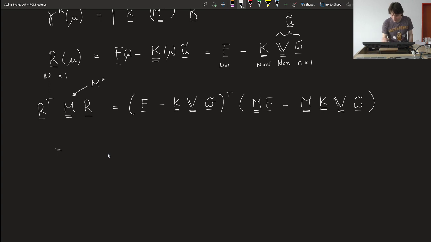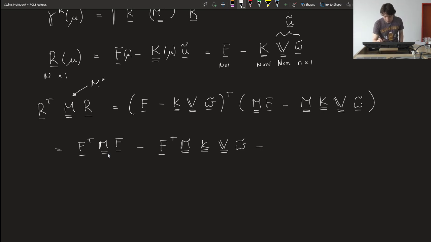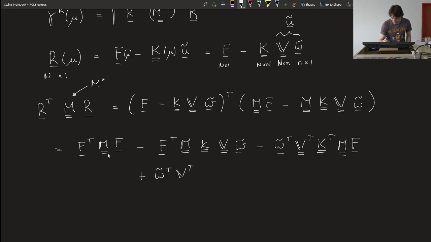So we have f transpose M f, minus f transpose M K V w, minus this transpose multiplied by that, which gives us w transpose times V transpose times K transpose times M f, plus, again, this guy transpose, w u tilde transpose, times M K V w.